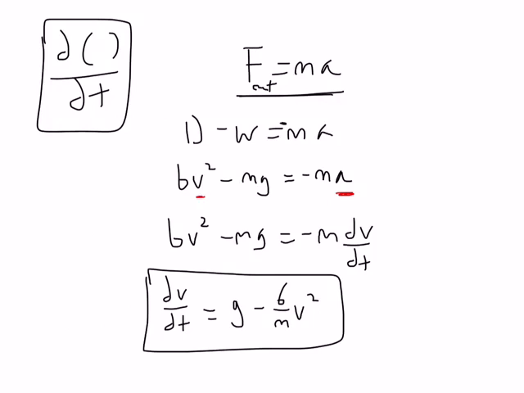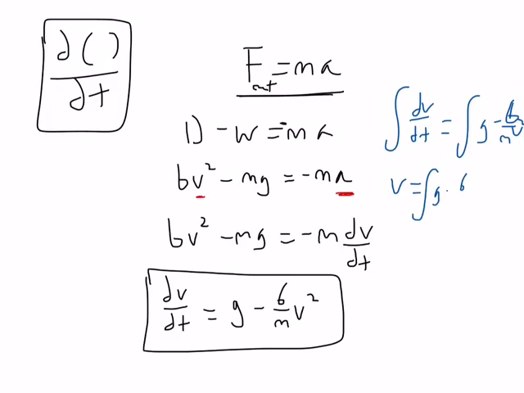You can write this as an integral. However, it's not as simple as writing this. So I'm clarifying, this thing in blue here is not a correct thing to do. You can't integrate it like this and say that v equals the integral of g minus b over m v squared dt.